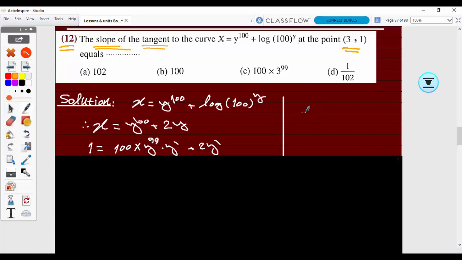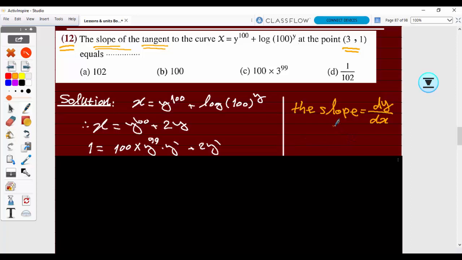And the slope of the tangent equals dy/dx. Of course, we will find the slope of the tangent to the curve.